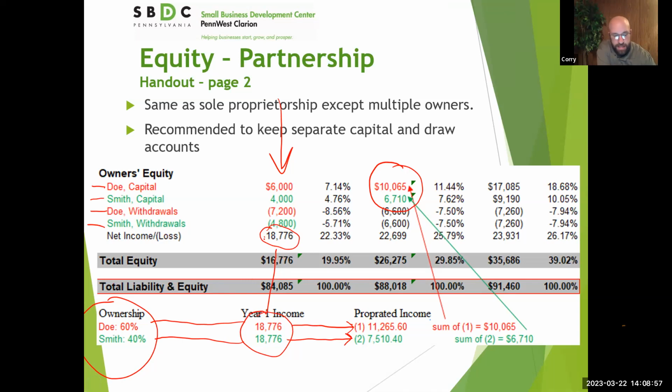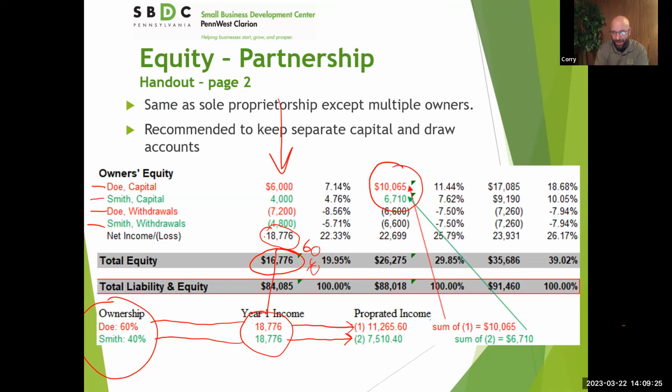So this 18,776 is how we figure up this, but then to figure out what comes up here, we've got to take this 16,776 here, and we've got to take it times the, why am I drawing a blank on this? I think I need to do the 60% and the 40% here as well. Cindy, if you have a calculator, that would be great.